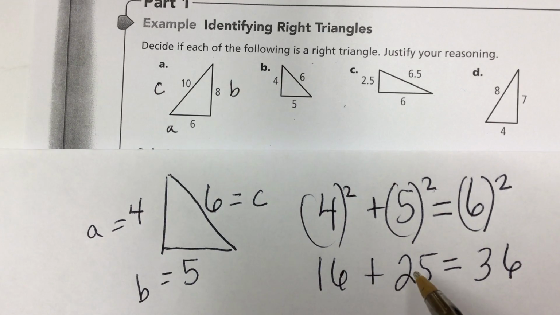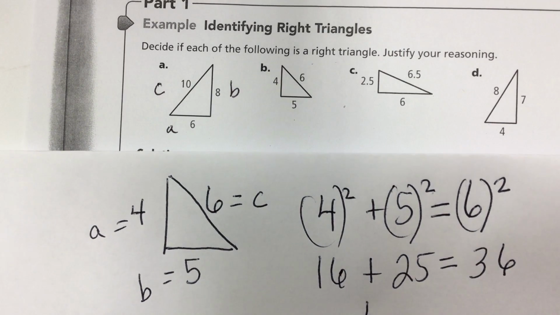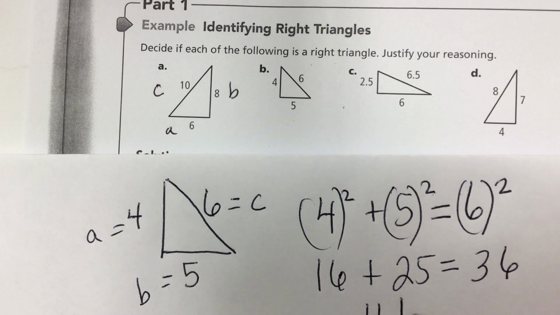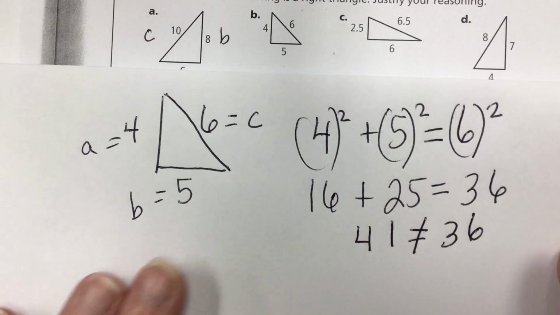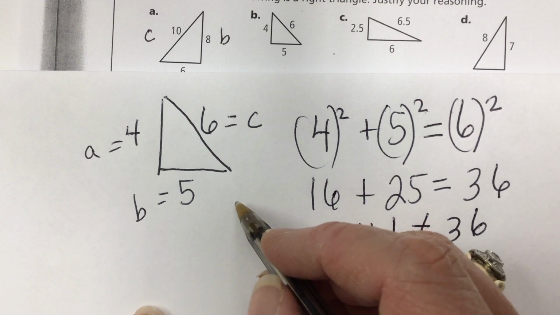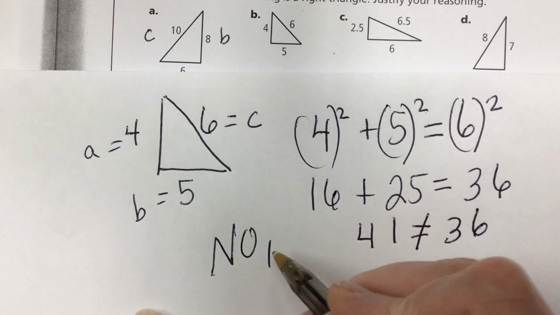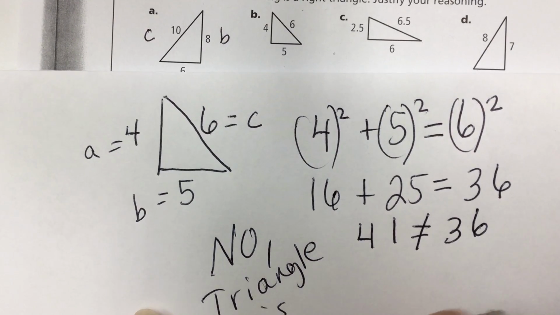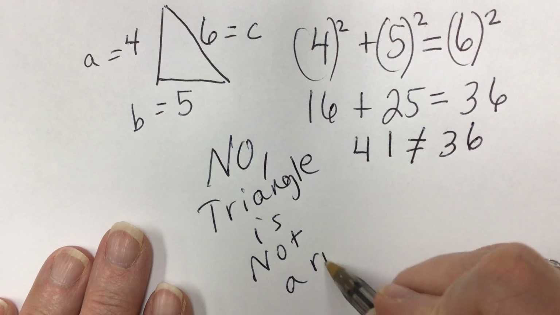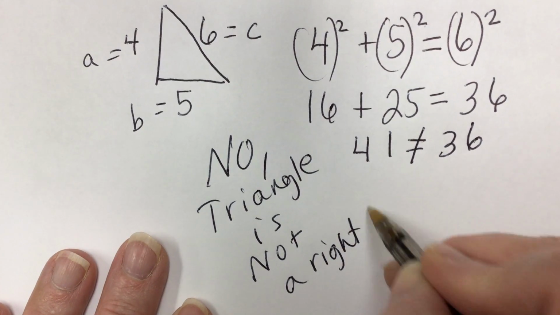Well, 16 plus 25 gives me 41. 41 does not equal 36. So therefore, no, this triangle is not a right triangle.